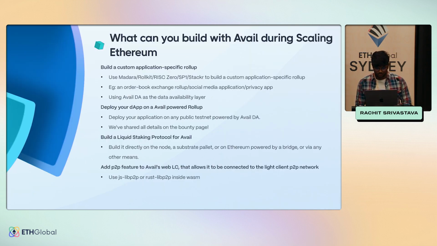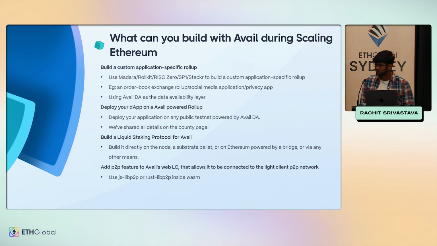And what can we build with something like Avail? You can build a custom application-specific rollup. You can use something like RISC0, SP1, or Stacker to build an application which will use Avail as the DA layer. You can bring an order book exchange. You can deploy your application.